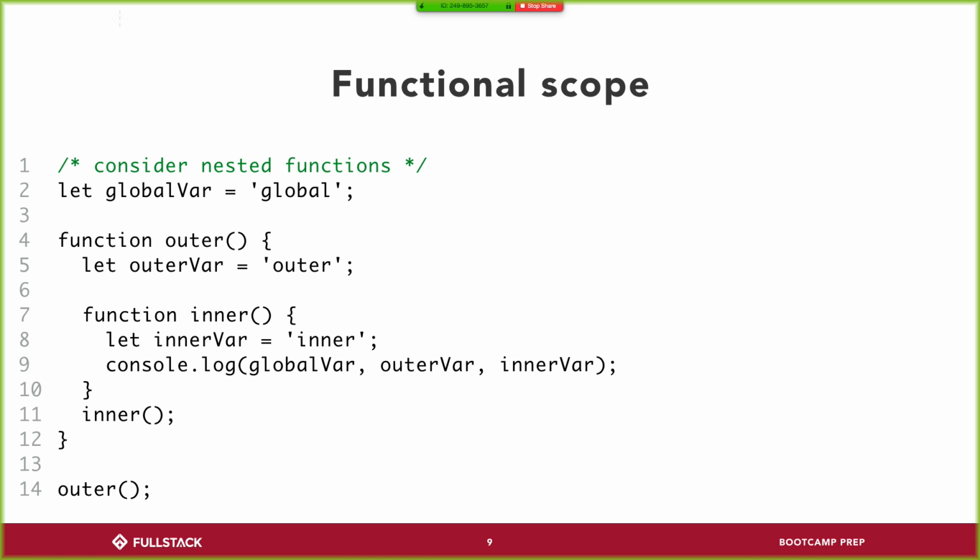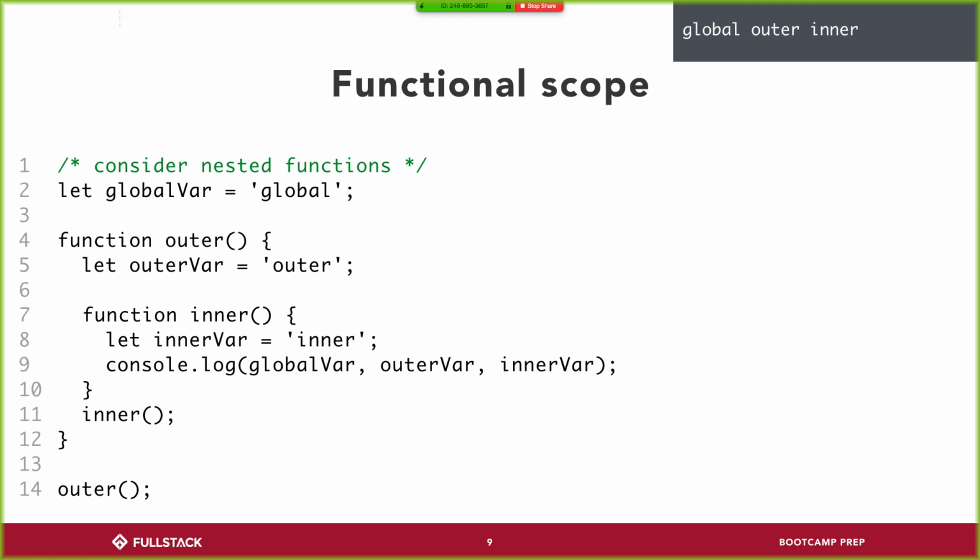So the global scope does not have access to inner var or outer var, but the inner scope has access to everything. So the deeply nested scope has access to everything that's outside of it. So it'll have access to global var and outer var and inner var. Global, outer, inner.